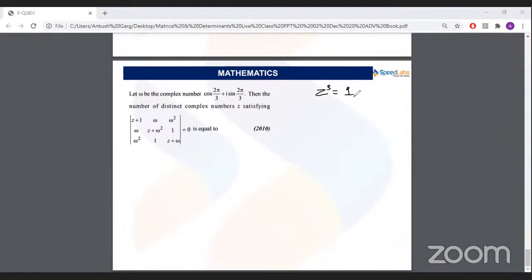Yeah, in that case the answer will be 3 because you have to count complex numbers Z. But if in some other question x cube equals 1 and you don't have to count imaginary values, then the answer will be 1. But in this question you have to count complex numbers, so that will be 3, because we will have 3 roots, 1 real and 2 complex roots. Got it, sir.